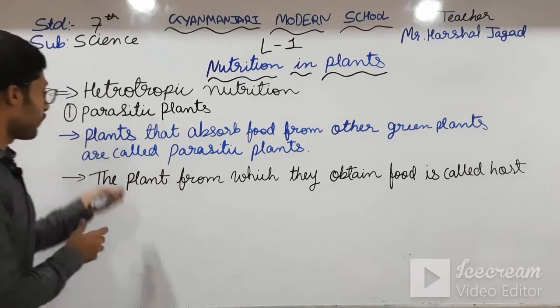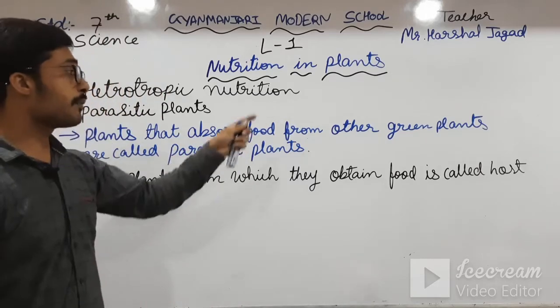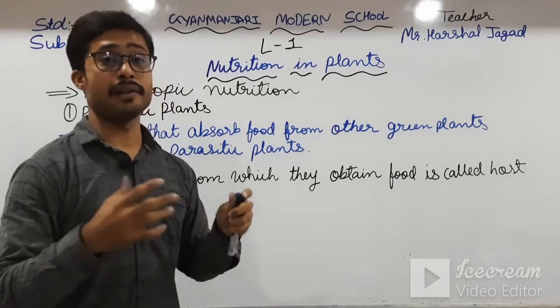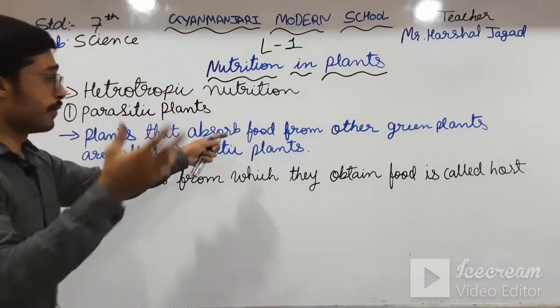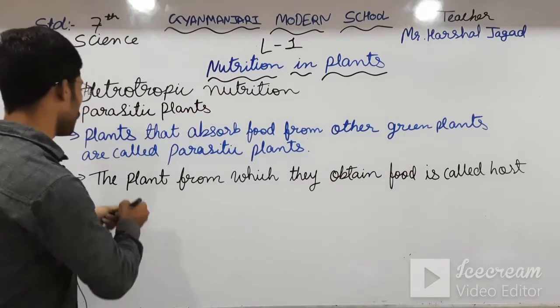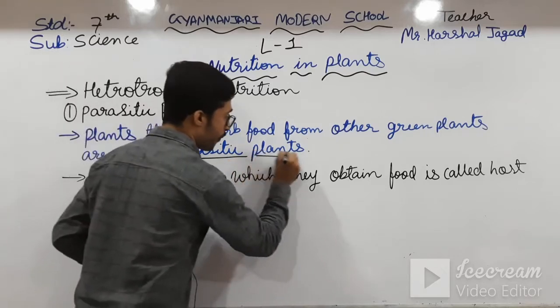So the plants that absorb food from other green plants are known as parasitic plants.